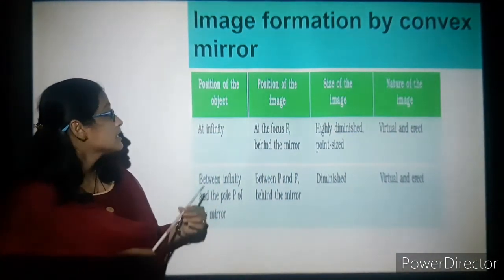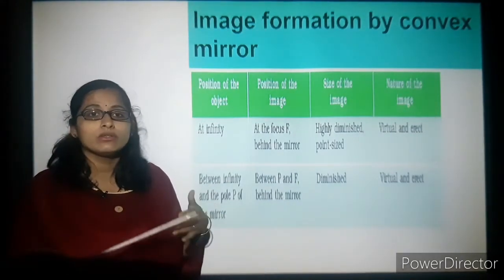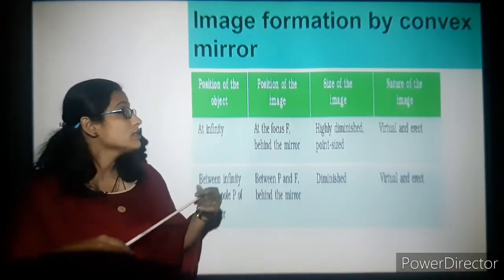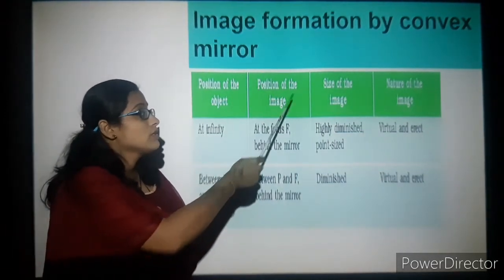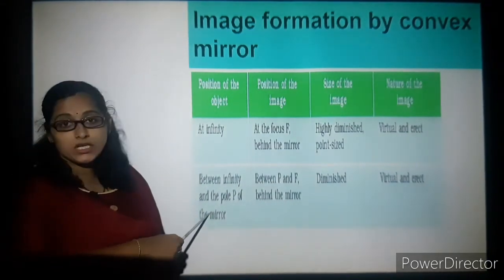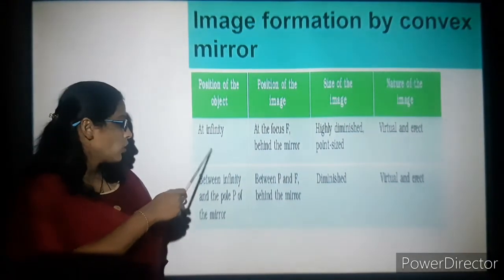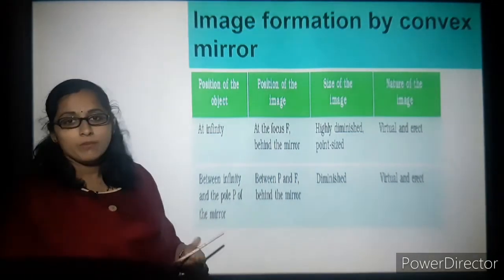So let's go on with image formation with respect to a convex mirror. Convex means there is no need to worry about it, it will be positive to some extent. You can see the position of the object, position of the image, size of the image and nature of the image. There are only two possibilities here, either at infinity or between infinity and the pole P of the mirror.